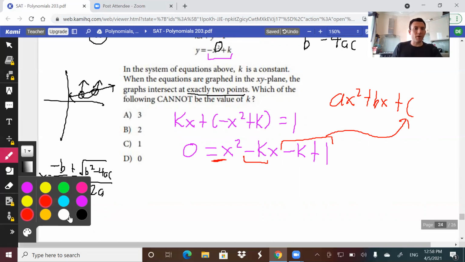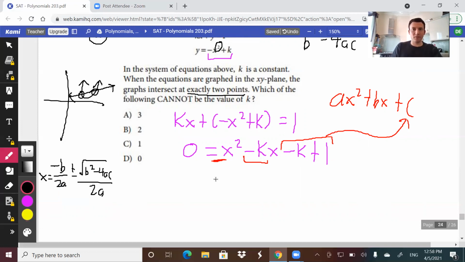So we want to figure out b squared minus 4ac, which has to be greater than 0 to have two solutions.